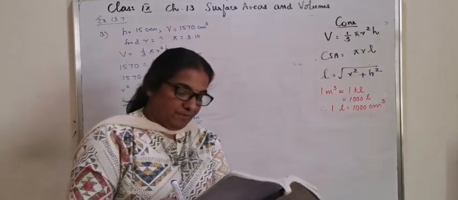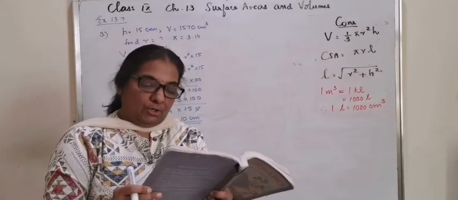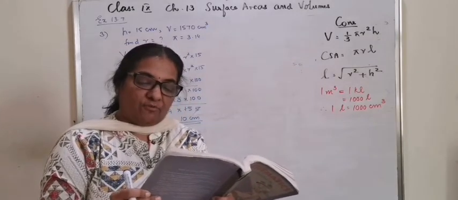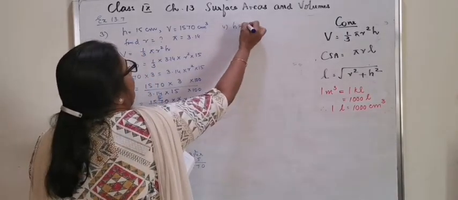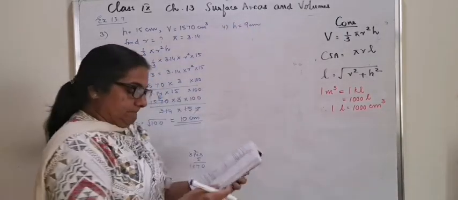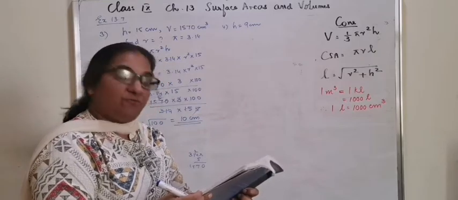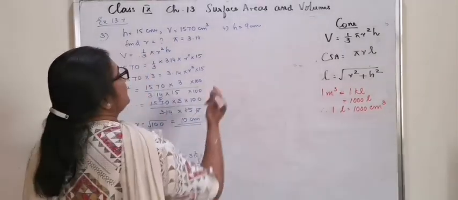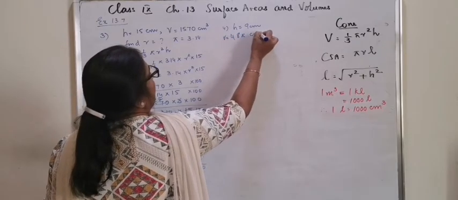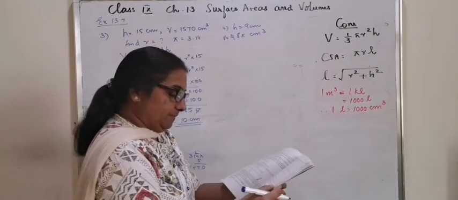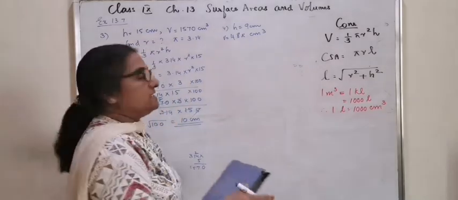Question number 4. If the volume of a right circular cone of height 9 centimeter is 48 pi centimeter cubed, find the diameter of its base.